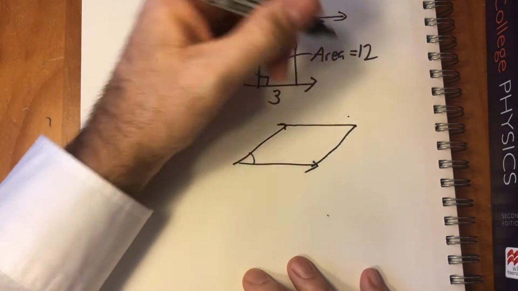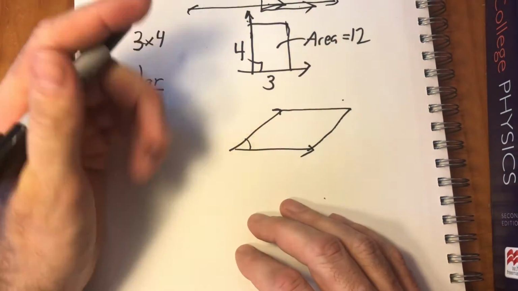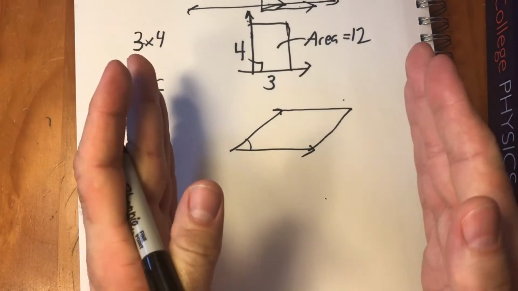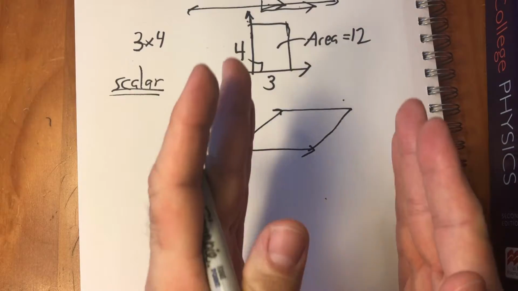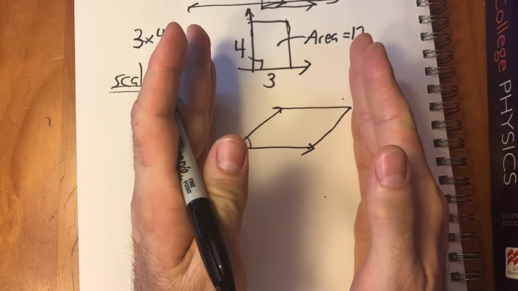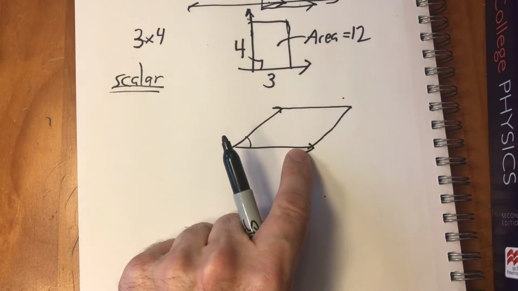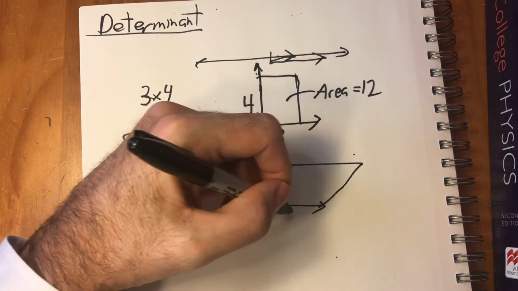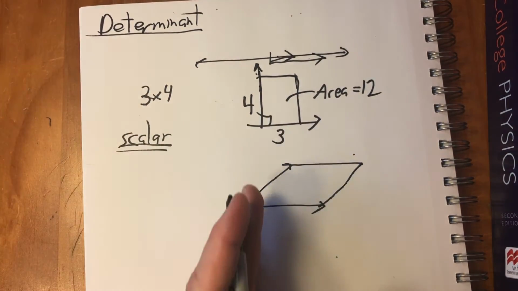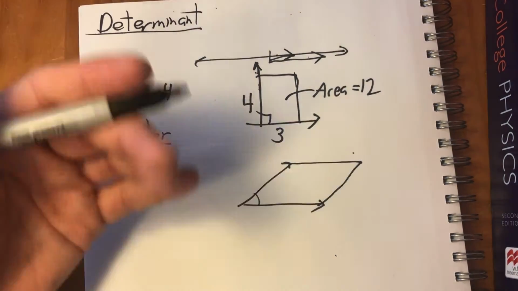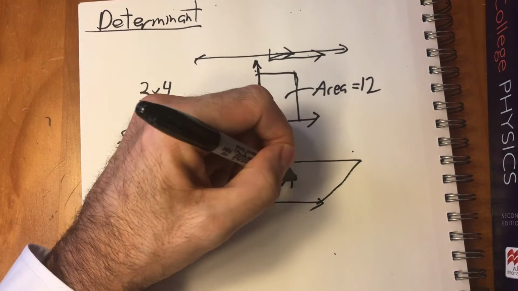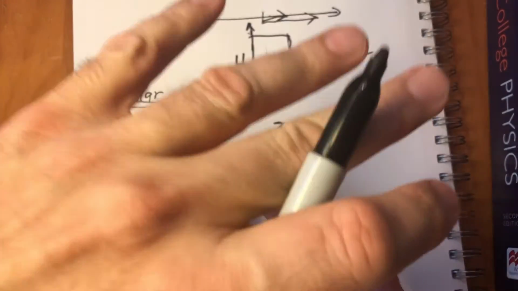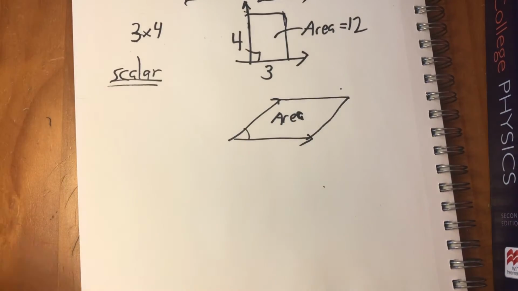Then you're going to make an area that is a parallelogram, but it's not a right-angle parallelogram. It could be skewed, but still multiplying the components in this direction by the components in the other direction will still give you the area of the parallelogram, or in multiple dimensions, the parallelepiped.